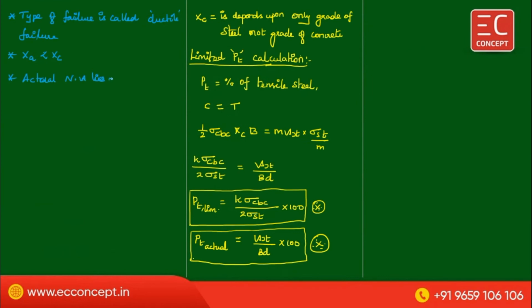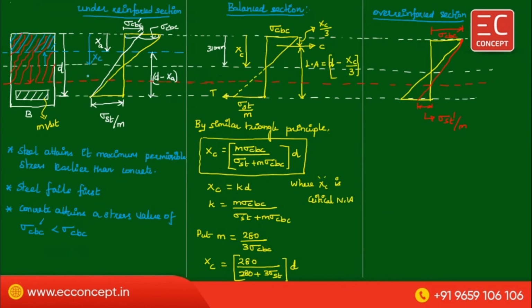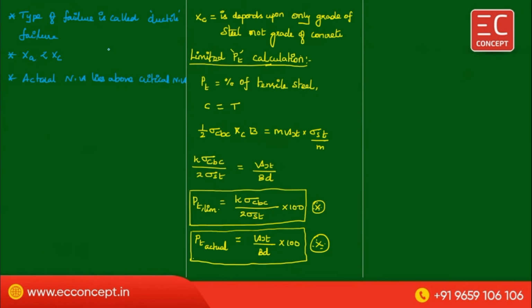The actual neutral axis lies above the critical neutral axis. This statement is also an important examination question. In the under reinforced section, the actual neutral axis moves upward and lies above the critical neutral axis. This is the important point.